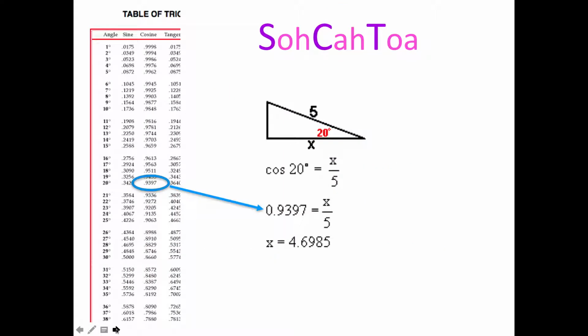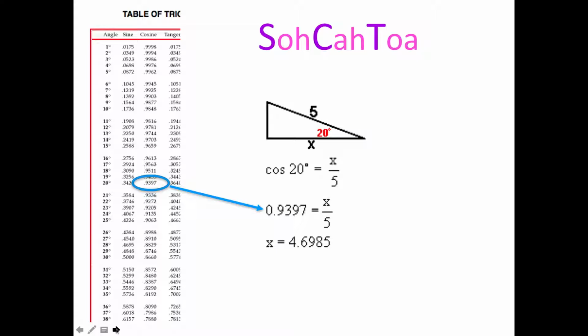Again, I'm going to set up the same ratio, except now I'm using the cosine. I have my angle measurement of 20 degrees. I know my adjacent side is X and my denominator, which is my hypotenuse, is 5. Going to my table, looking under cosine, which is the second column because it's sine, cosine, tangent, to see what the cosine of 20 degrees is.